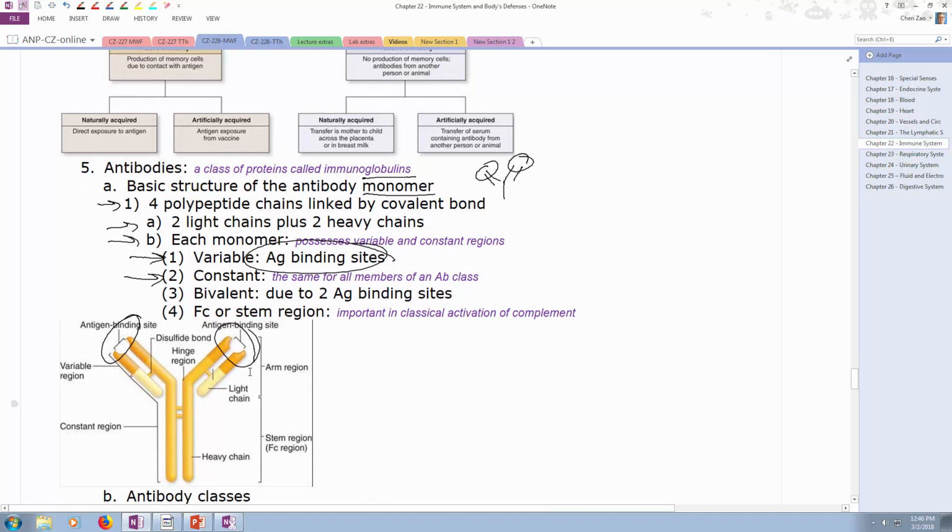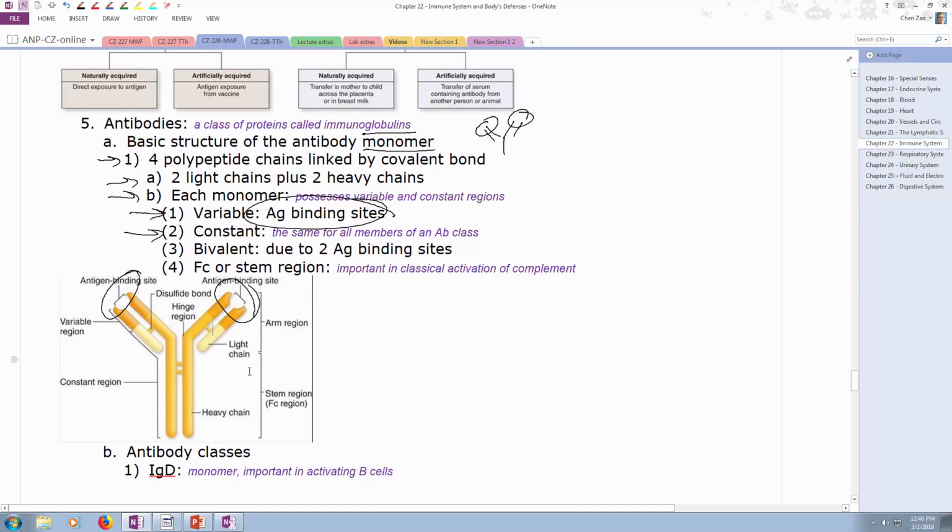So how many antigens can a Y hold? 2. That's why they're called bivalent. The Fc, or the stem region, down in this area, is very important because it's involved in the classical activation of complement. So we've talked about complement before, and the classical activation. We'll touch on it again in just a moment.